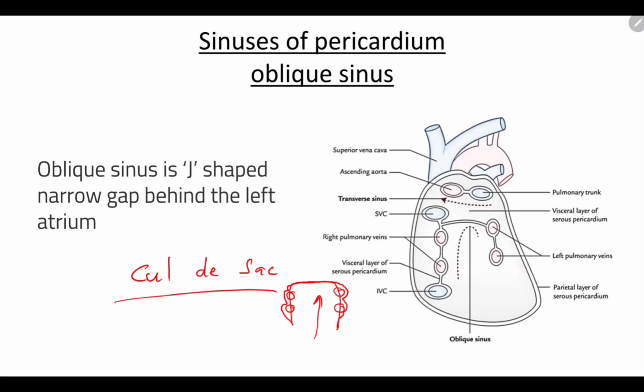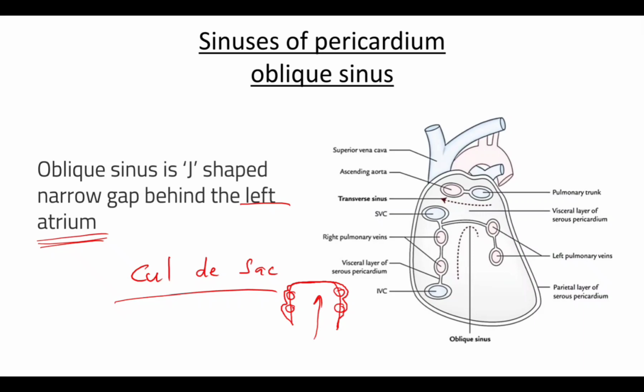Okay, you can see oblique sinus is present just behind the left atrium. And what is the importance of this oblique sinus? Oblique sinus is a potential space, it gives a space for the expansion of left atrium. Let us see the boundaries of this oblique sinus. I told you it is present just behind the left atrium.